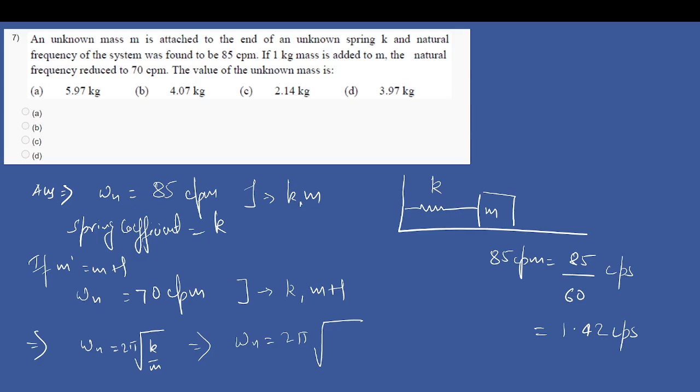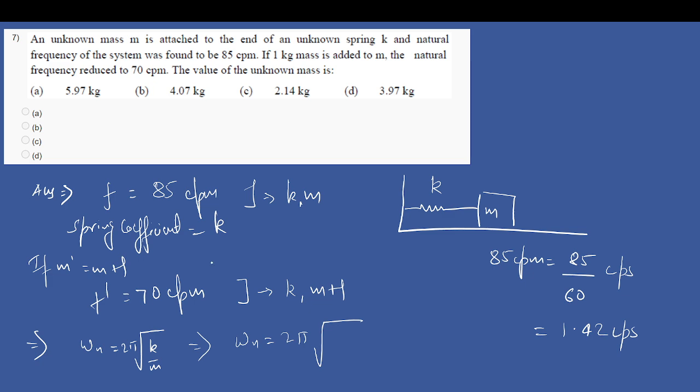Yeah, they are basically talking about frequency. So this is not the angular frequency, this is the frequency.